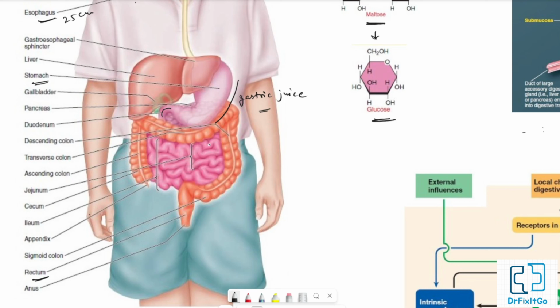This pink colored structure is the small intestine. The small intestine is a 9-feet tube that extends from the pyloric sphincter to the ileocecal valve.